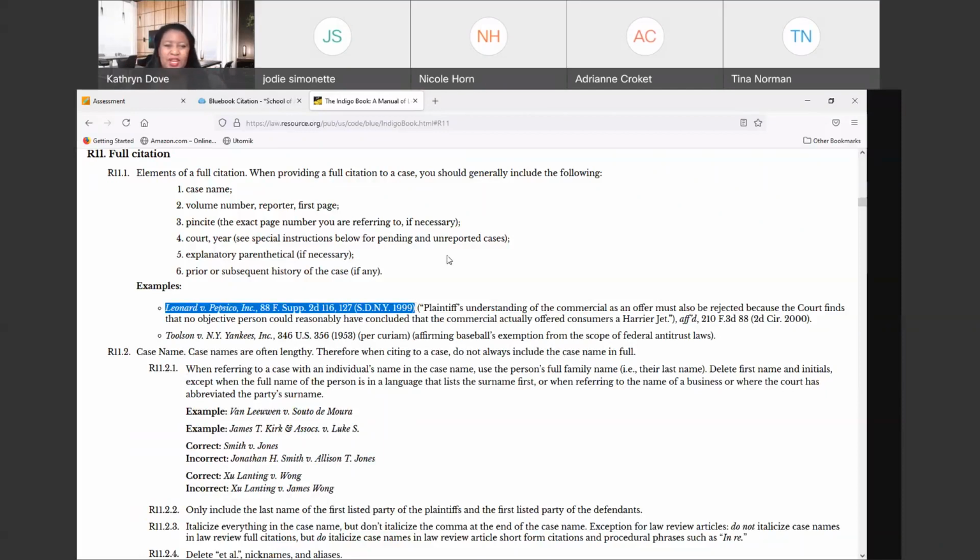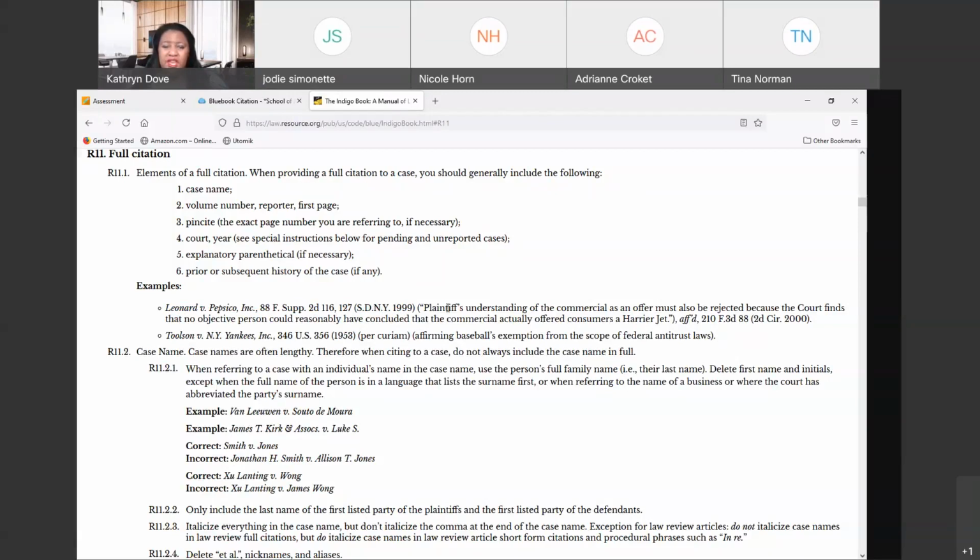So what I have highlighted here is a case citation. Leonard versus Pepsi. It's in the Federal Supplement. If I was to pick up that book, I'd be picking up volume 88. I'd be turning to page 116 where I'd find this case decided by a federal court in New York.